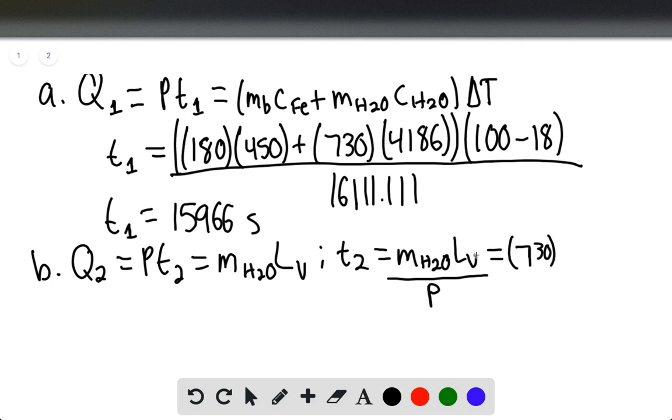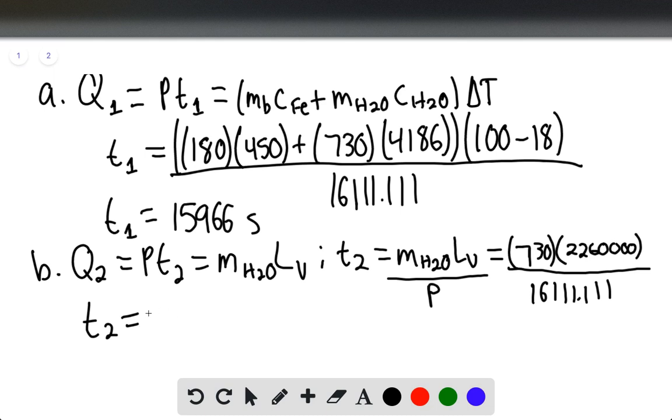The latent heat of vaporization for water is 2,260,000 joules per kilogram, and then this will be divided by 16,111.111. And we're getting that T2 is going to be 102,401.4 seconds. This is the time it takes to boil off all of the water.